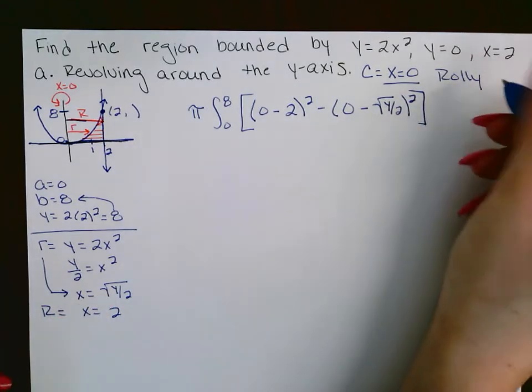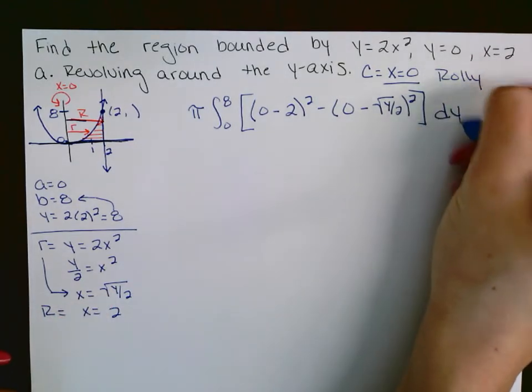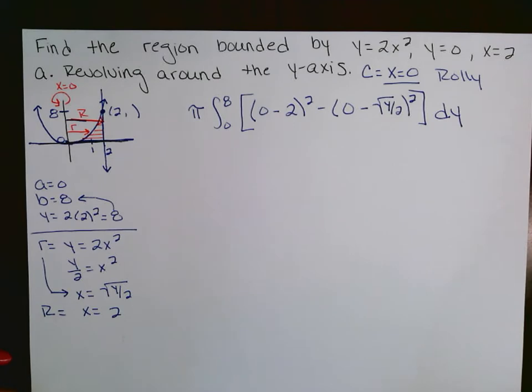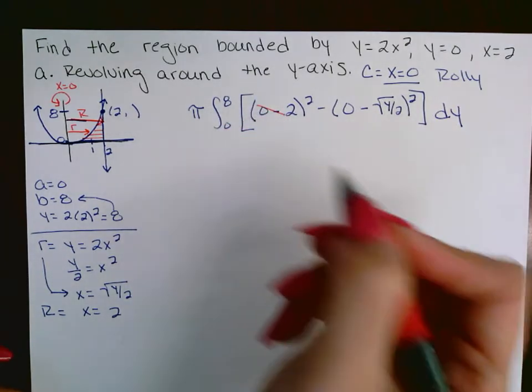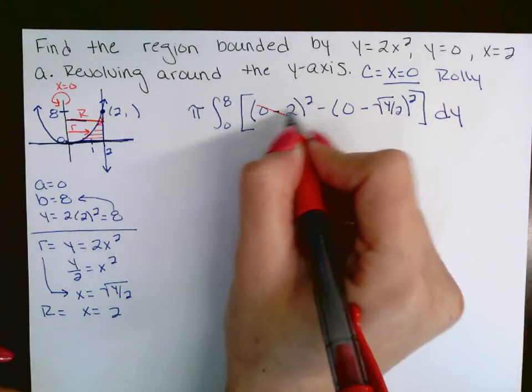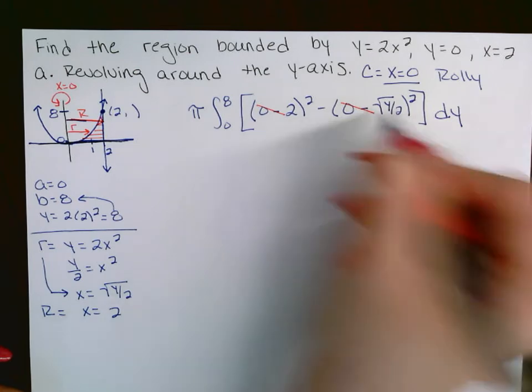And then because this is in terms of y, I need to write dy. Okay? So remember when you do not have a c, the 0 and the negative cancel? The negative also cancels because if I square a negative, it turns positive.